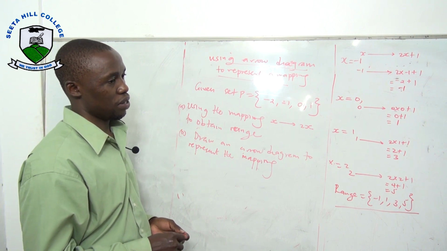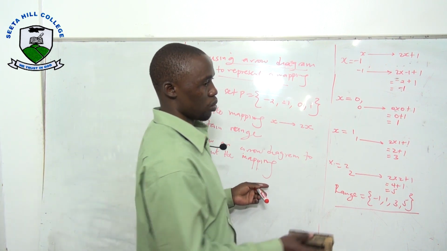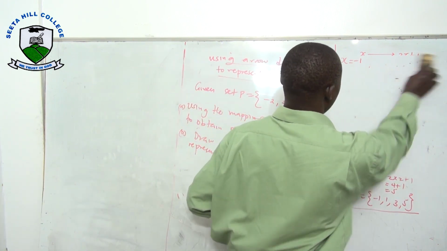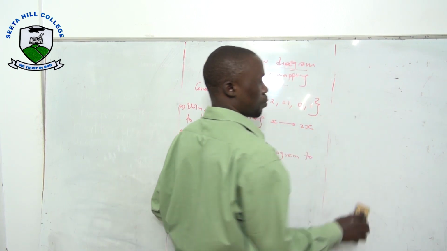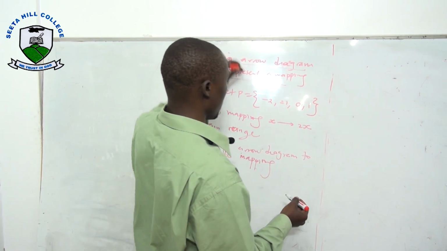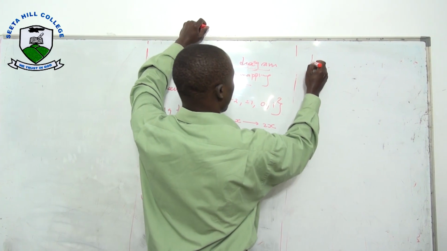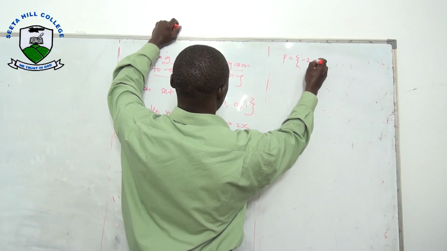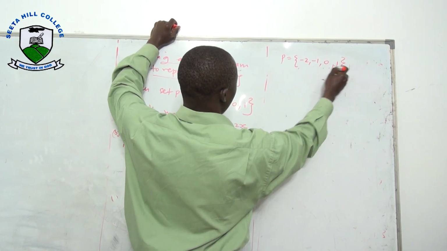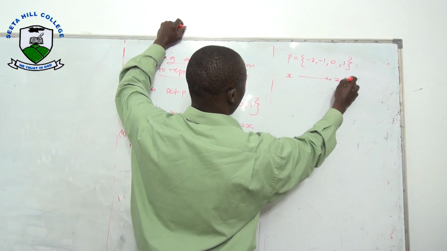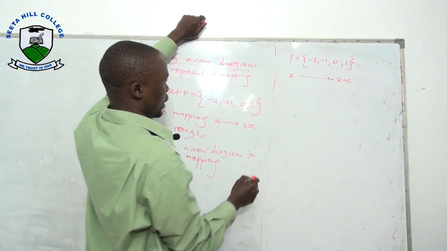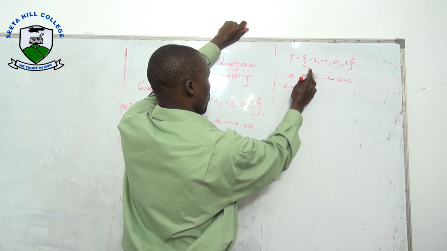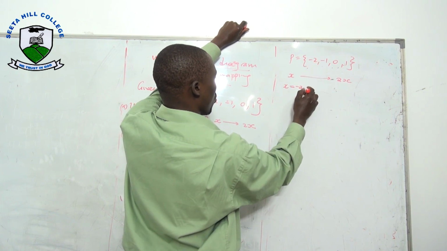Now I want to find out the elements. I think you'll guide me, won't you? Yes, guide, and we see how we should arrive at our set P. Negative 2, negative 1, 0, 1. X maps onto 2x. The first domain element is negative 2.